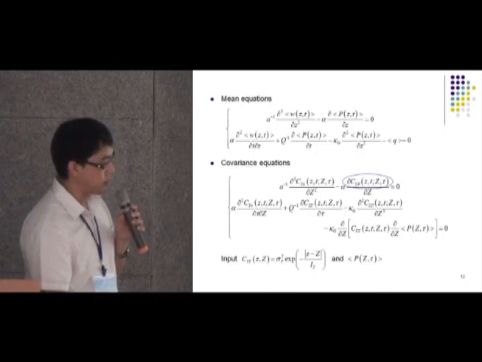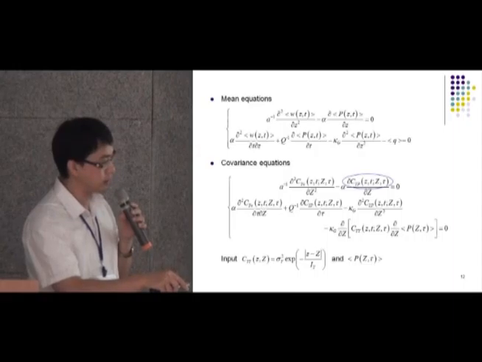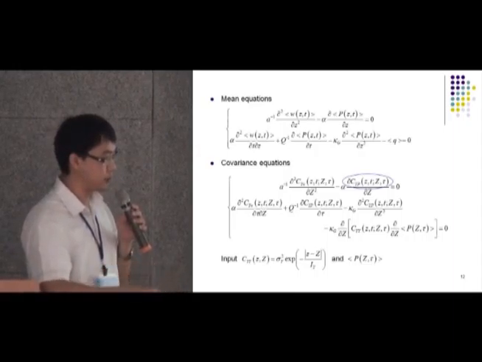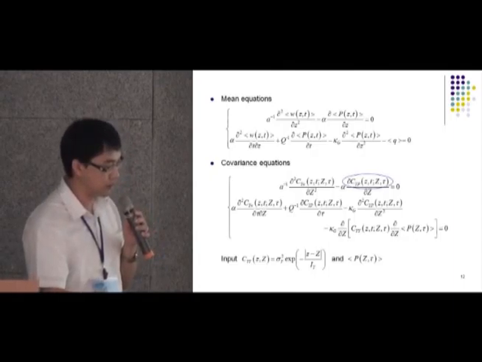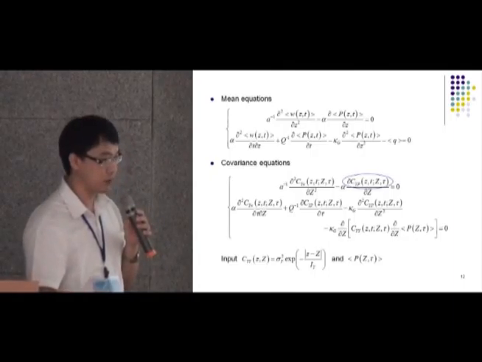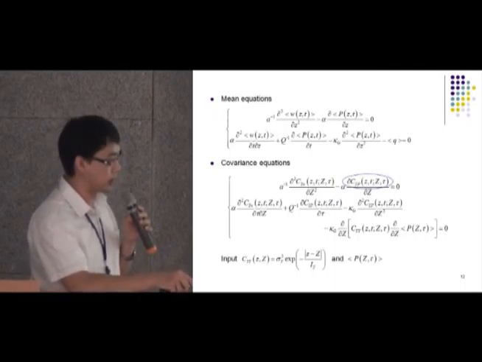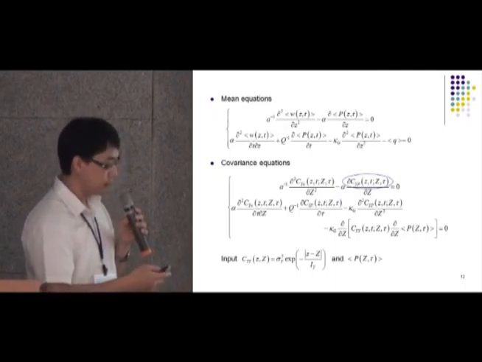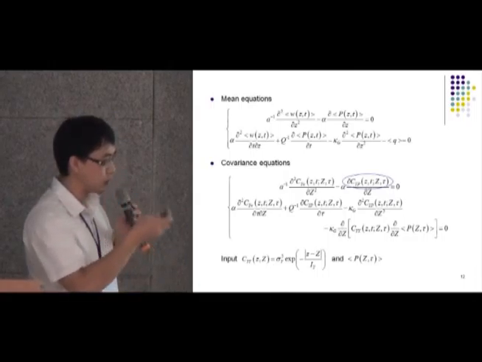And we also have a sink and source term here. In this equation, we would like to solve C_YW and C_YP, but we have to include C_YY, the covariance of the natural log hydraulic conductivity, and also the mean change in water pressure first, and then we can solve C_YW and C_YP. Later, I will show the reverse behavior in a solution of the C_YP.